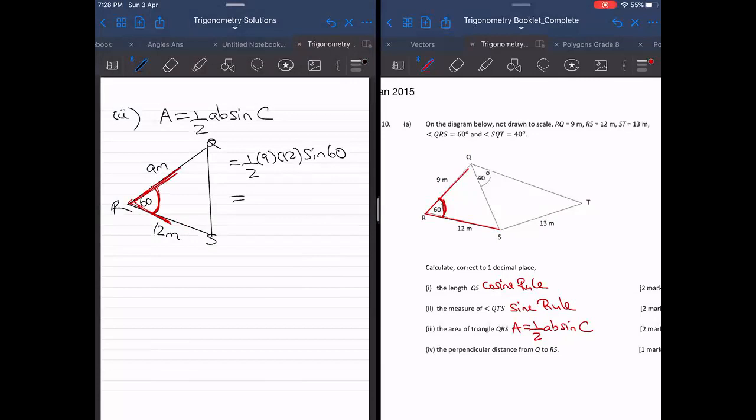So it should be 46.8. I'm not sure what happened at the calculator.